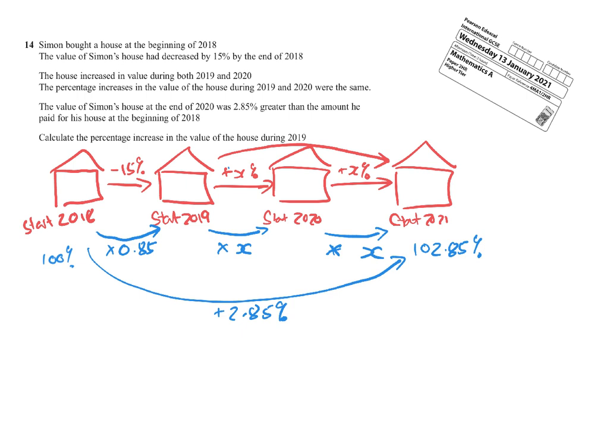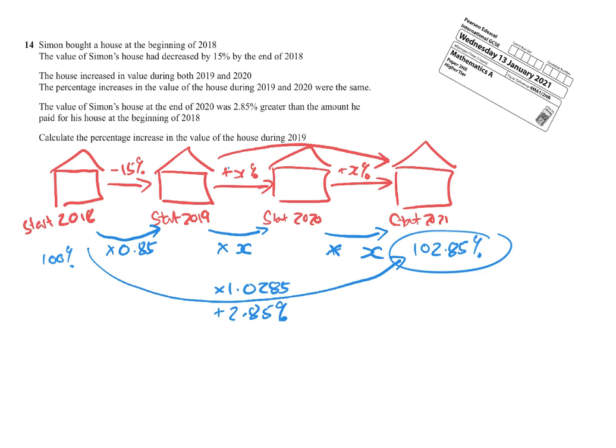Now, that number as a decimal multiplier would be 1.0285. So if I knew my original price, multiplied by 1.0285, I would get to my price at the start of 2021. So this calculation here, multiplying by this, is equal to this, followed by this, followed by this.